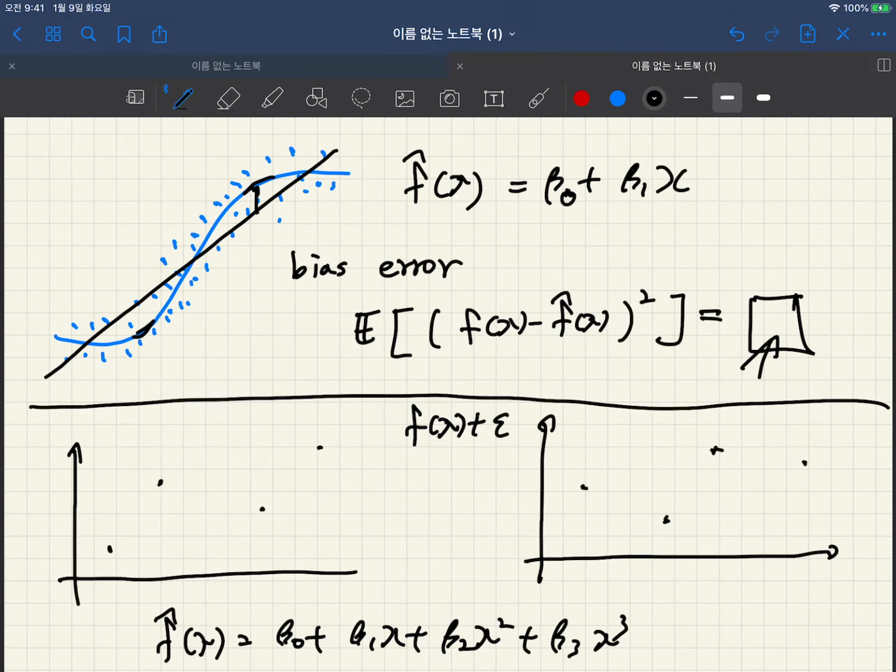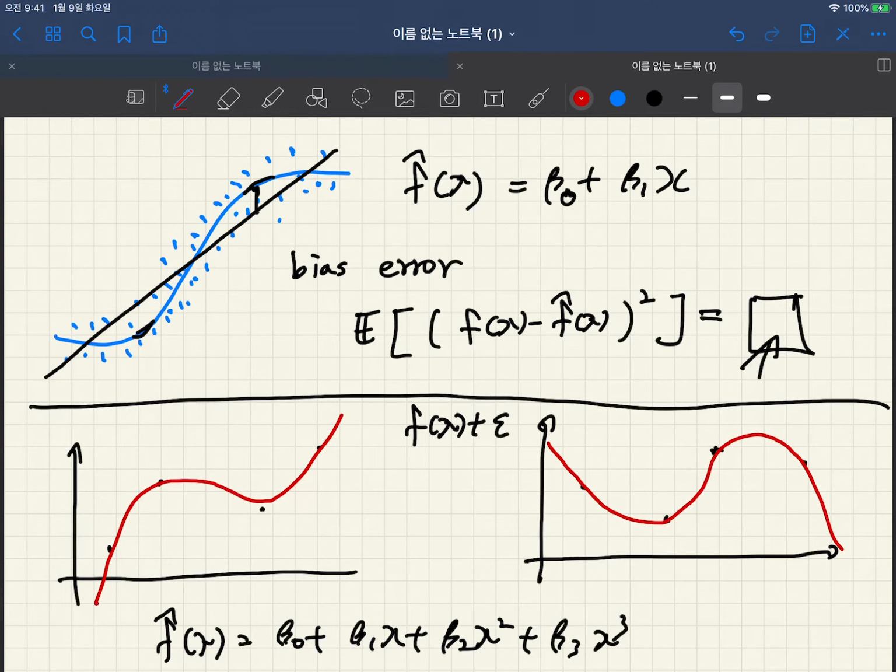With this target model, maybe the first result is this, and the second result will be this. With this third order polynomial, we can have almost 0 training error, and that will be the outcome of your training process.